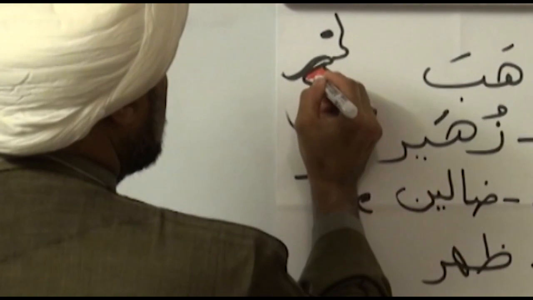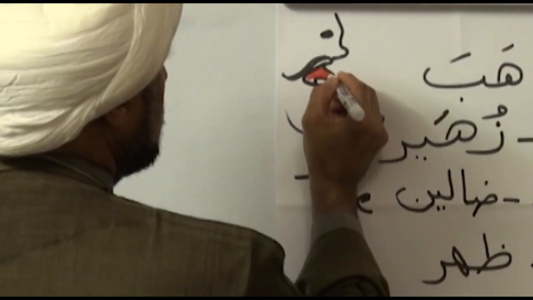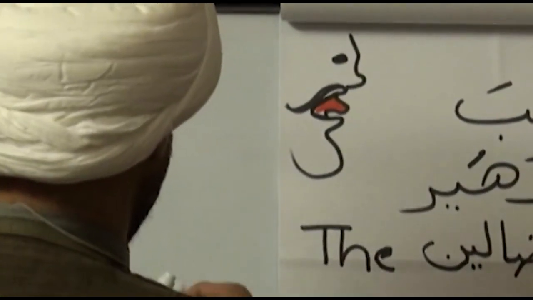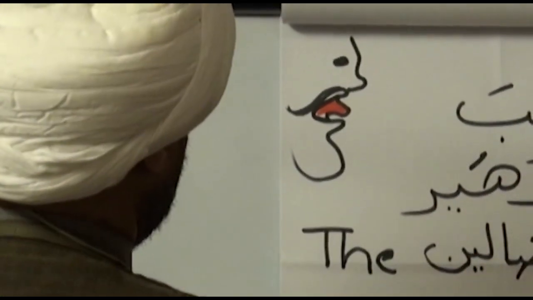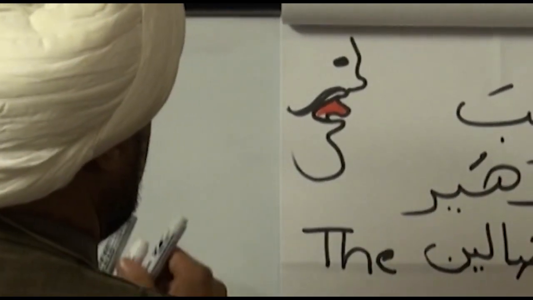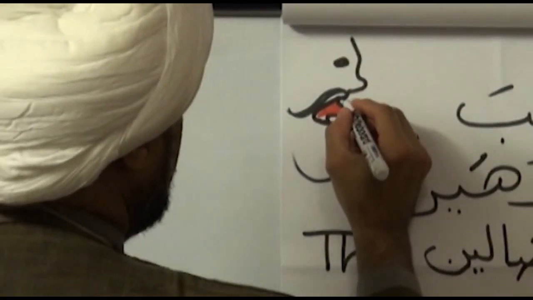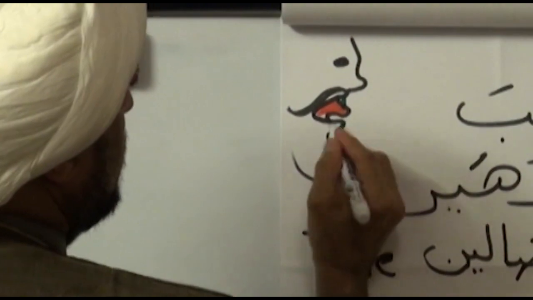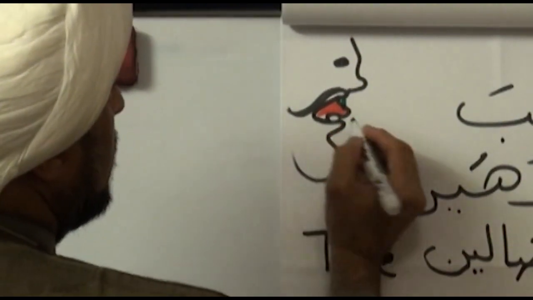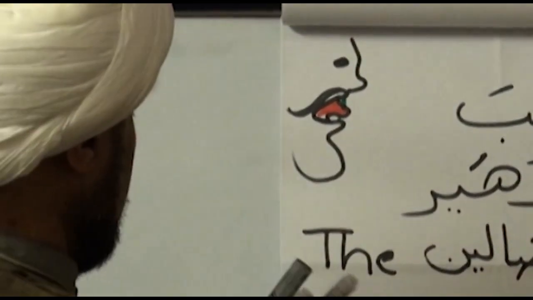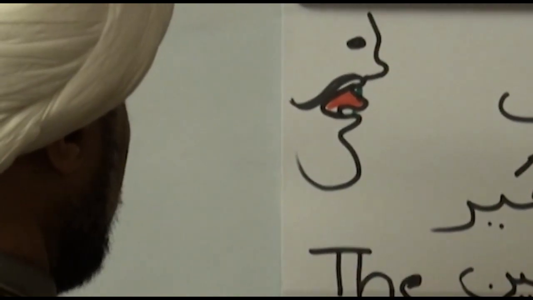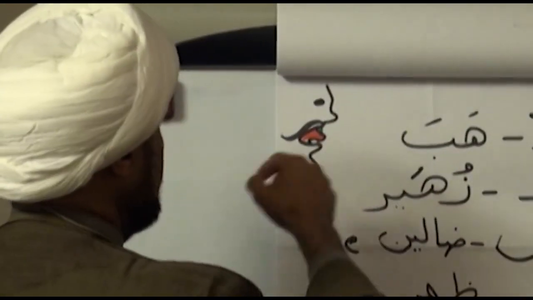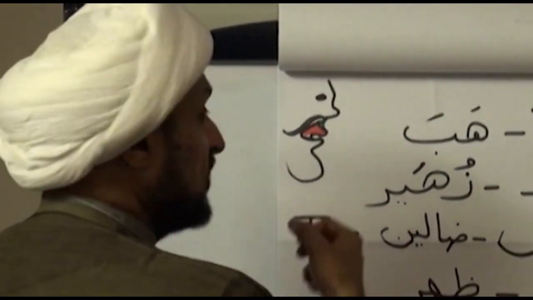It looks like a monster, but don't worry about it. Then I'll make the teeth with another color, green. So this is the teeth, and the tongue is a little bit out, and it's under the teeth. Frontal teeth, the scissors.